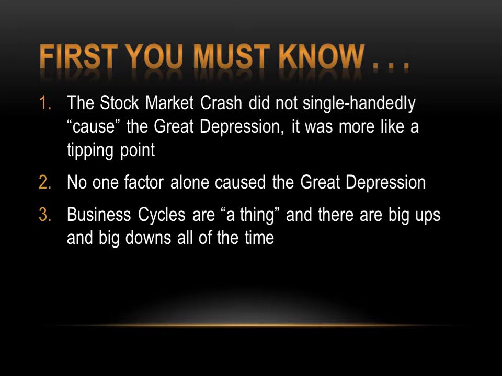Also important to understand is that big business cycles are a thing, and there are big ups and big downs in the economy all of the time. Business cycles are part of the economic flow that we go through. It goes up, and it can only go so far up, and then it has to come back down.